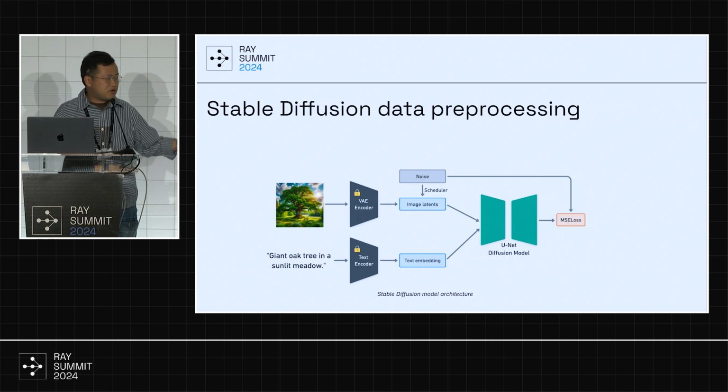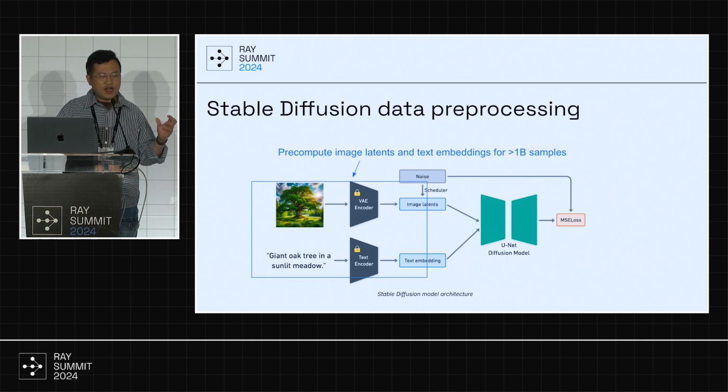So we can see from the picture that the model basically takes 2 types of inputs. One is the image latent, and the second is the text embeddings of the corresponding captions. So what we are going to do is to implement an offline pipeline to pre-compute the image latents and the text embeddings for more than 1 billion samples.